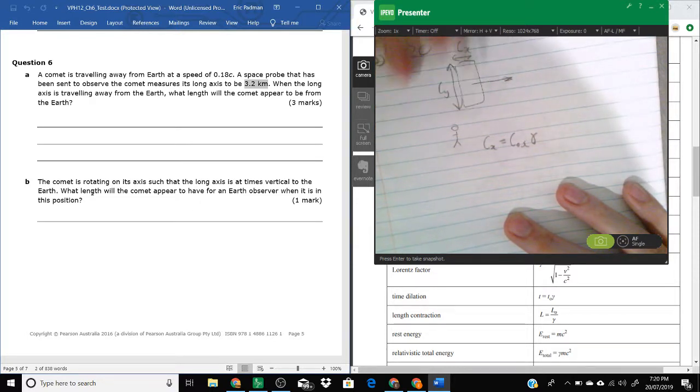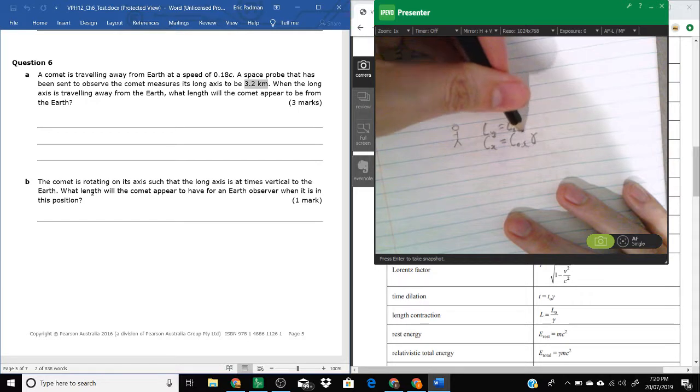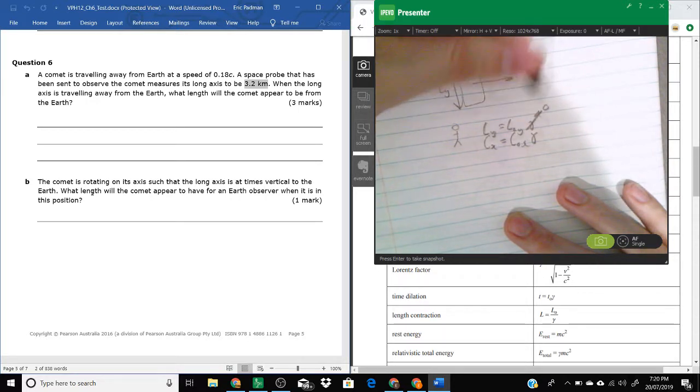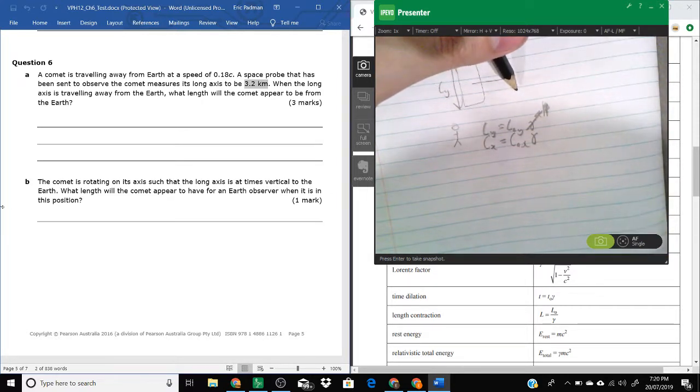Ly does not. It's not moving up and away, it's just moving from left to right. So Ly equals L naught y because in that direction the factor will be 1.